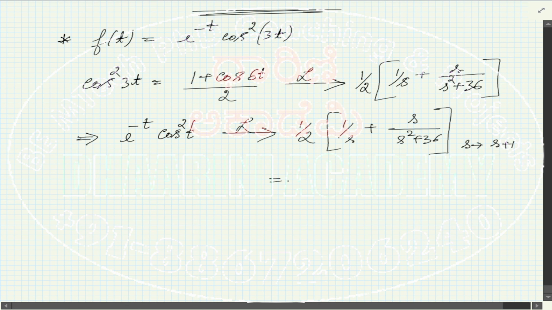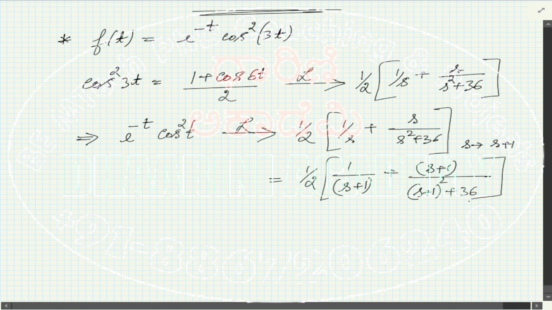So this is equal to 1 by 2, 1 divided by s plus 1, plus s plus 1 divided by s plus 1 the whole square plus 36, which is the final answer.